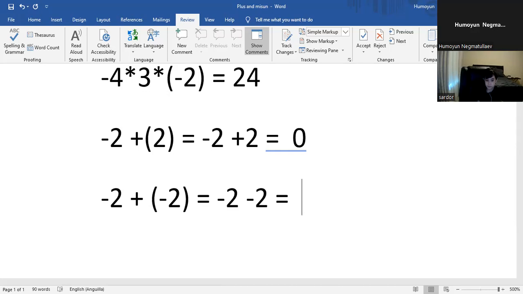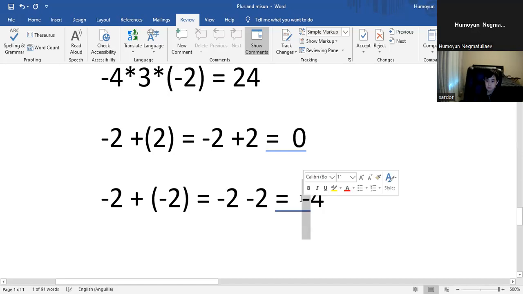Just imagine I give you $2, and next time you ask me, teacher, give me $2, and I give you $2. How much do you have to give back to me when you have money? 4. So if you see the minus here, just imagine it's your loan, to understand more easily. You have a -4. -4 means it's a sign of loan, yeah?